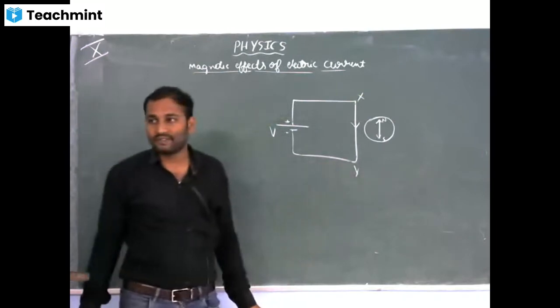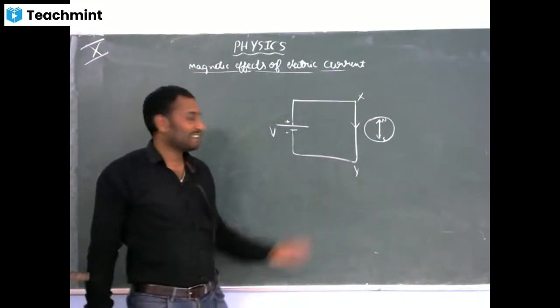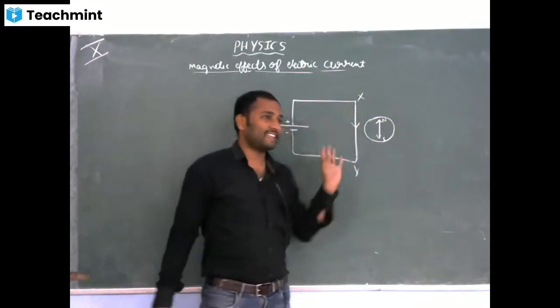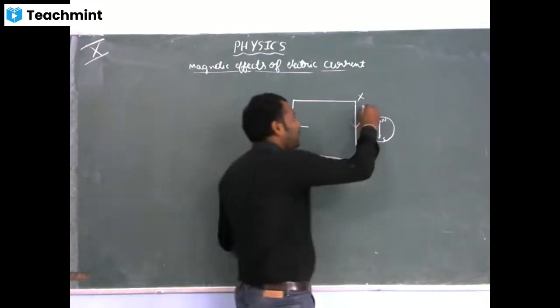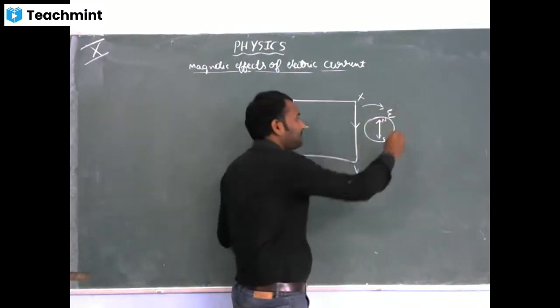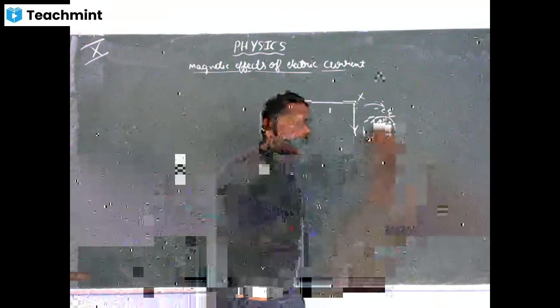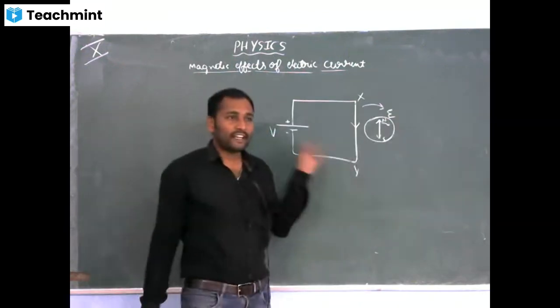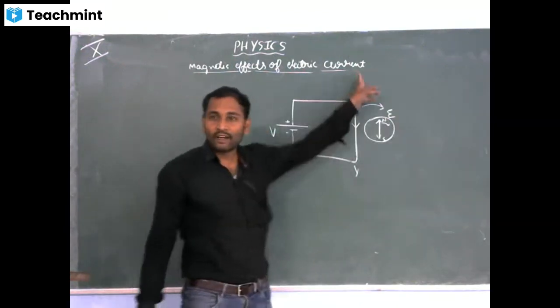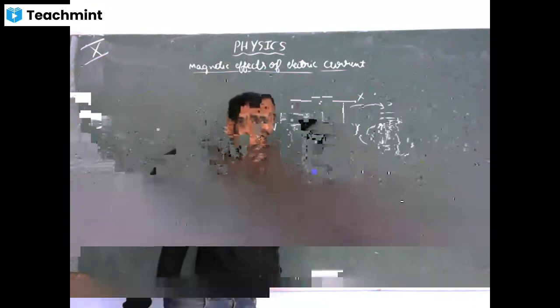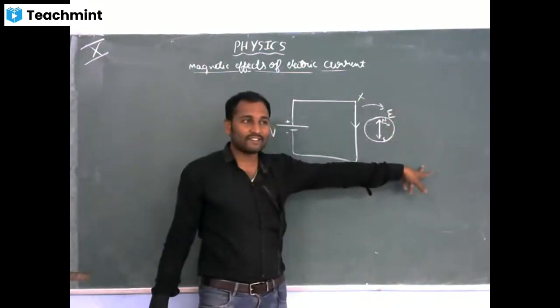This we should know first. This side or this side? It will deflect towards east. If the direction of current is from north to south, the compass needle will deflect towards east.